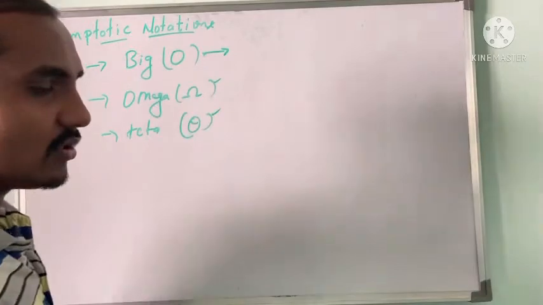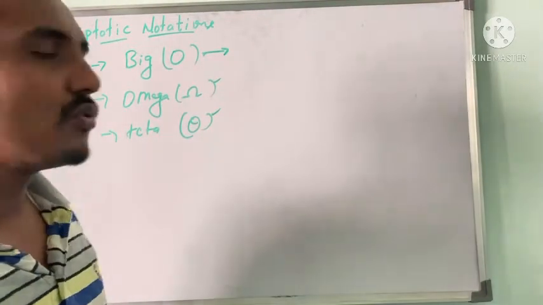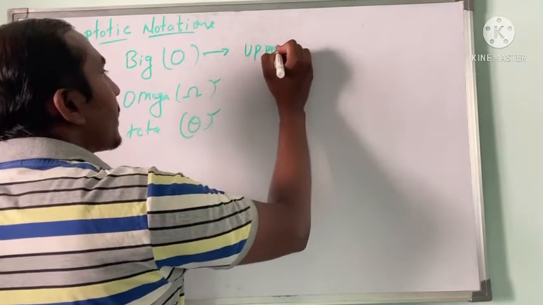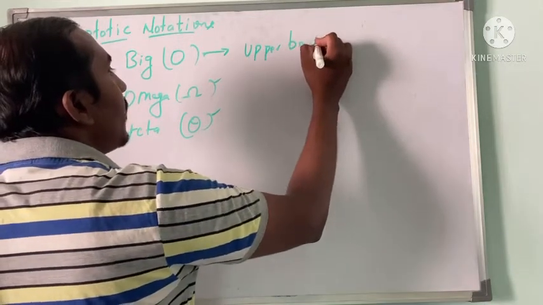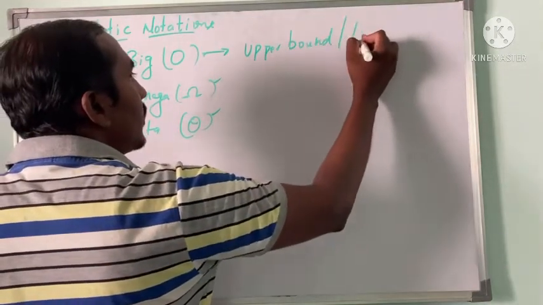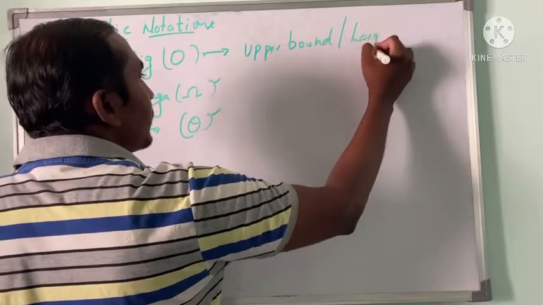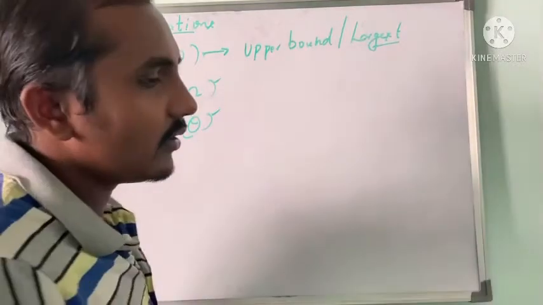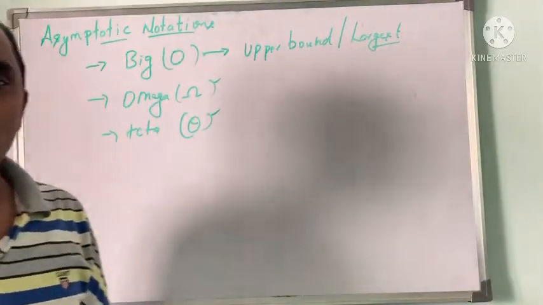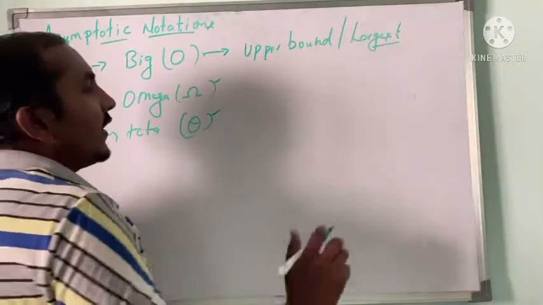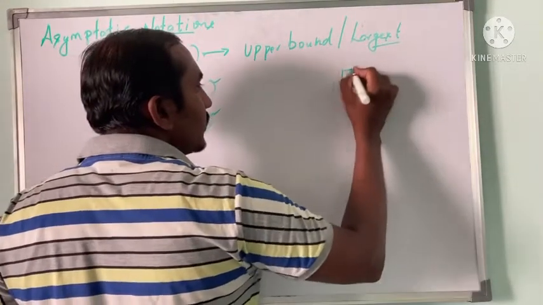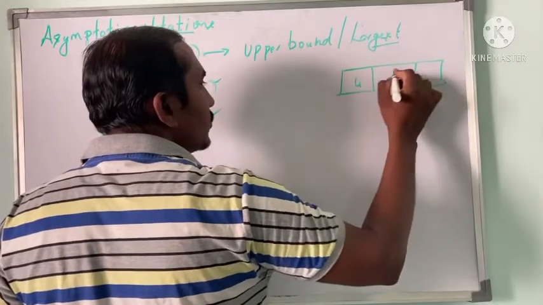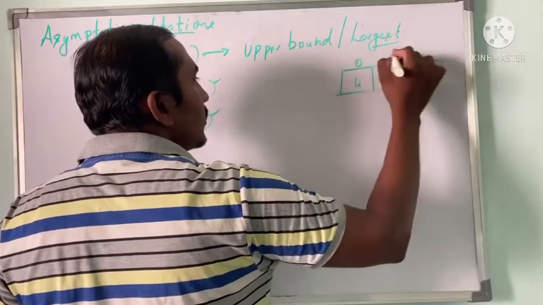Big O notation is a notation which is used to represent the upper bound, or the largest amount of time possible for any given algorithm for its execution. If I take a simple example, I have 3 elements: 4, 6 and 20.